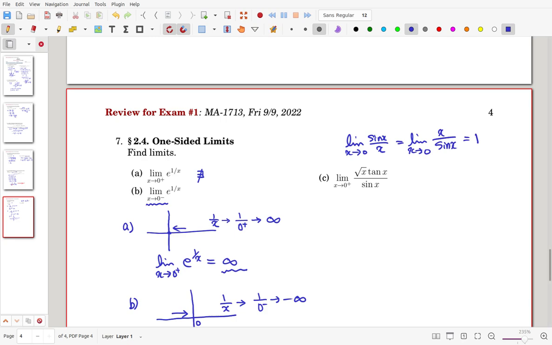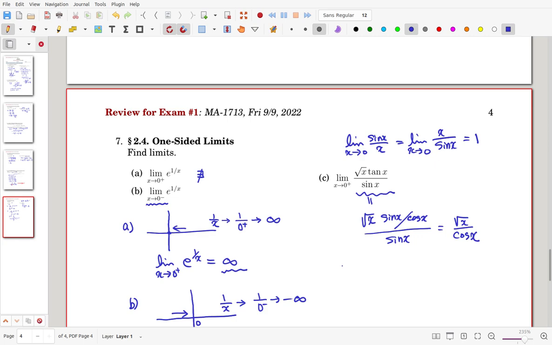We'll use this fact. Square root of x is there. Tangent x is the same as sine x over cosine x, and we have sine x at the bottom. We can cancel sine x and simplify in this way. Top is square root of x, bottom is now cosine x.